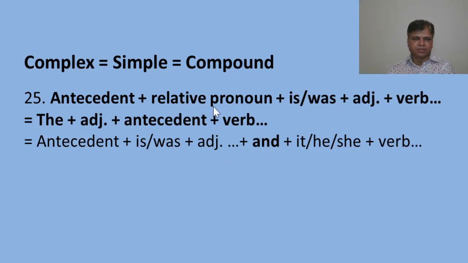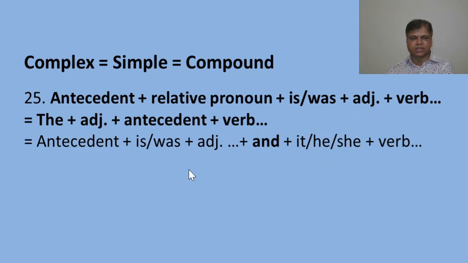So if the relative pronoun is followed by the verb and adjective, then if you want to make it a simple sentence, we have to use the adjective first, then the antecedent, then the verb and the rest of the sentence.